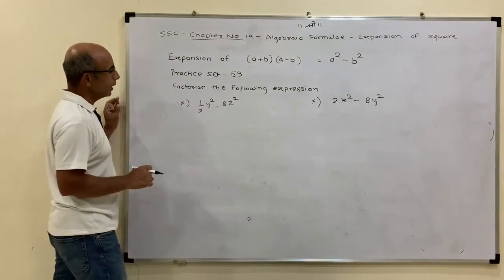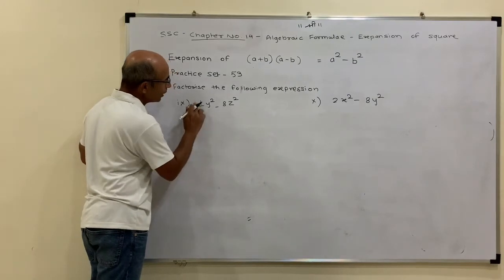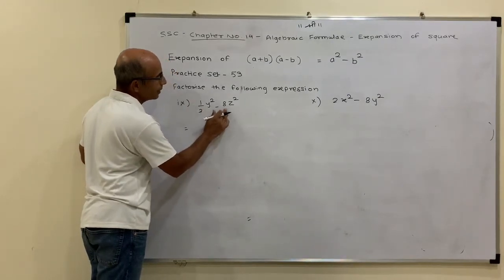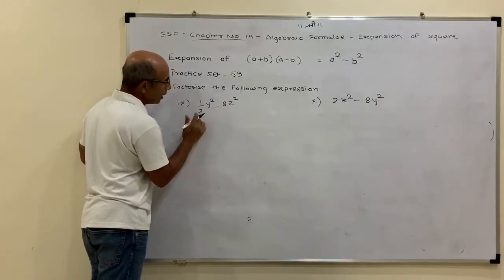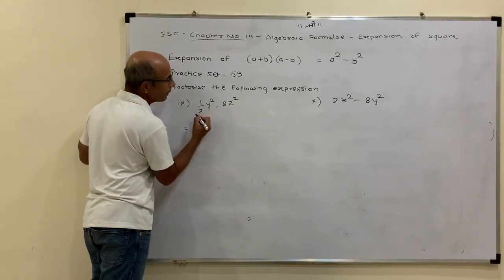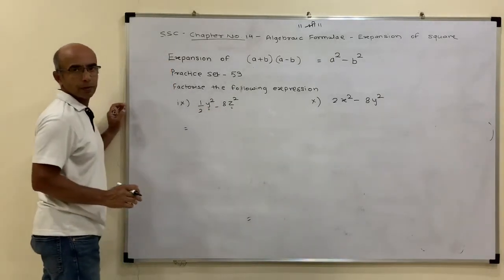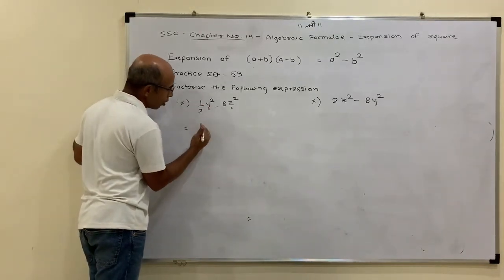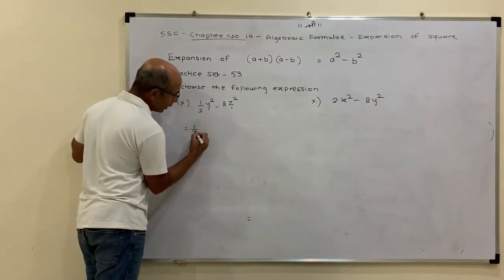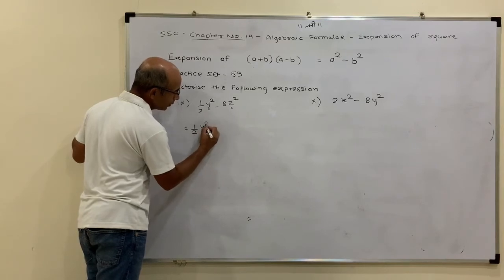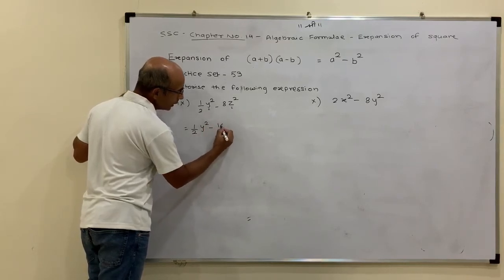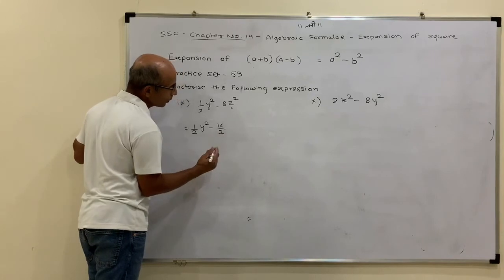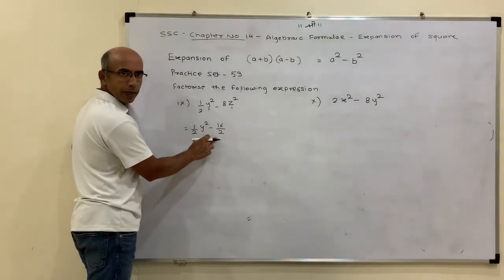Now the ninth one. See here, 1 upon 2 y square minus 8z square. Y square is a perfect square, z square is a perfect square. If I want to take 1 upon 2 common, what I'll have to do is 1 upon 2 y square minus 16 upon 2 z square. 16 upon 2 is nothing but 8.